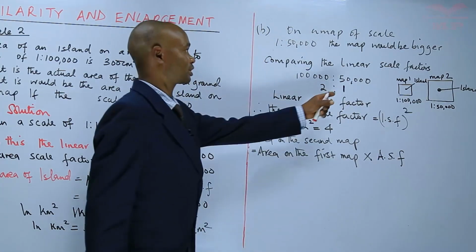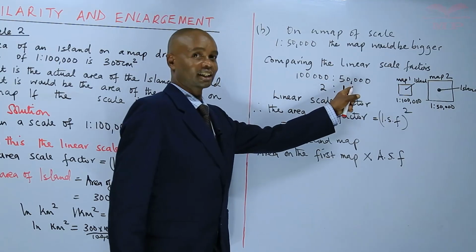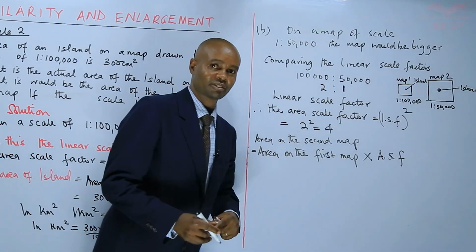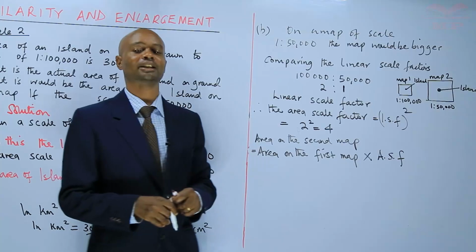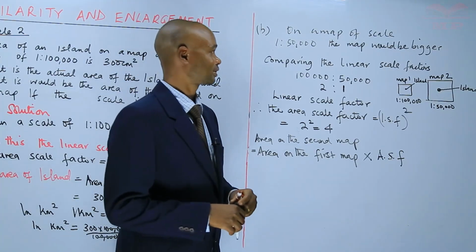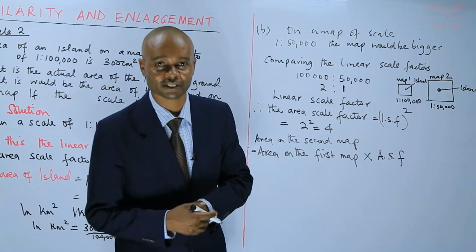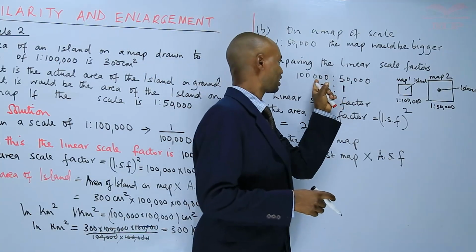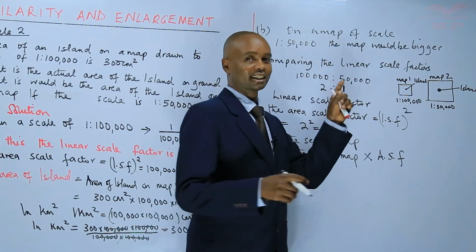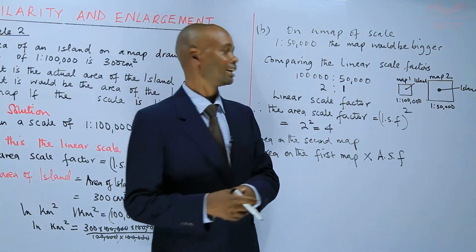Don't think that because this one is a smaller number it will give a bigger map. It is the opposite. It is inversely proportional. The smaller this number, the bigger the map. The bigger that number, the smaller the map.